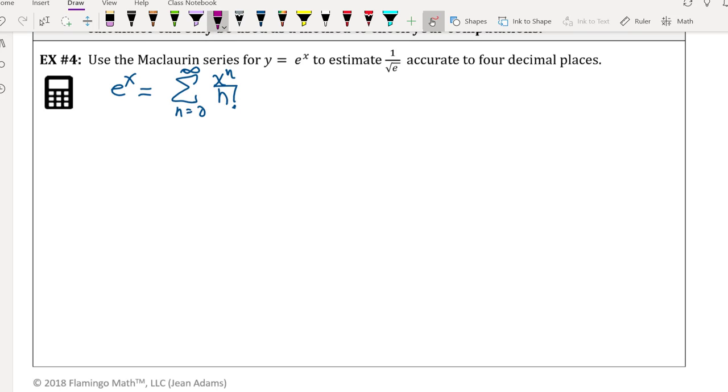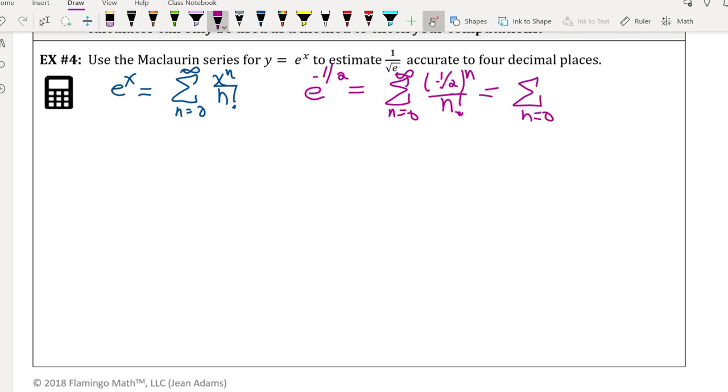So if we are to do 1 over the square root of e, that is really e to the negative 1/2 power. So that series is going to be adjusted in this way. We're going to have negative 1/2 to the n over n factorial. And this turns out to be an alternating series when we write it this way.